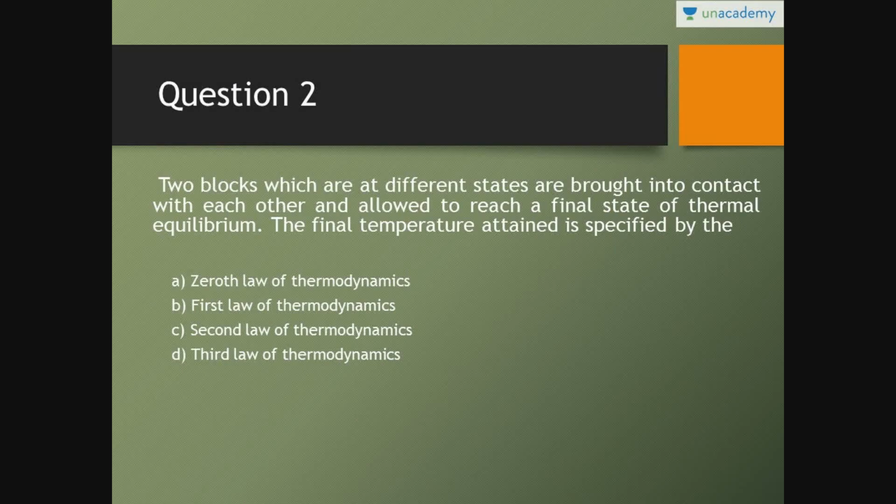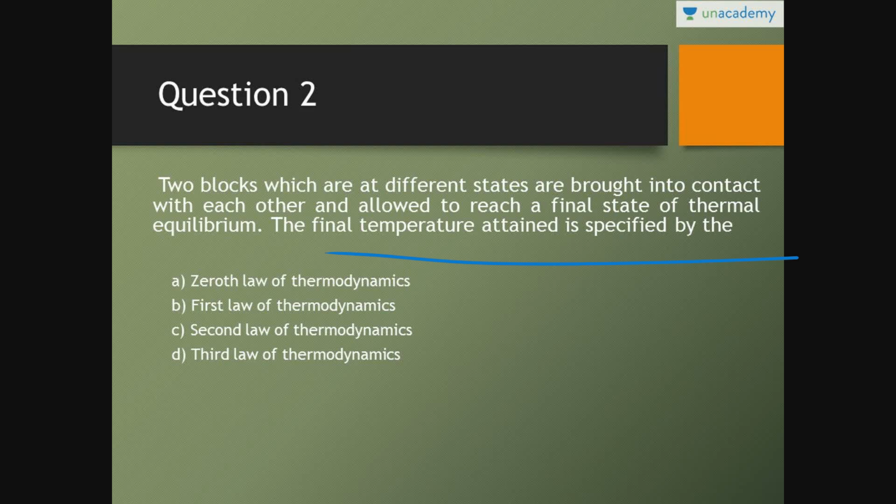Here comes the second question. Two blocks which are at different states are brought into contact with each other and allowed to reach a final state of thermal equilibrium. The final temperature attained is specified by... C. The zeroth law of thermodynamics helps you in calculating the temperature. Temperature can be easily calculated by the zeroth law of thermodynamics. It says when two systems are in thermal equilibrium with a third system, they are in thermal equilibrium with each other.